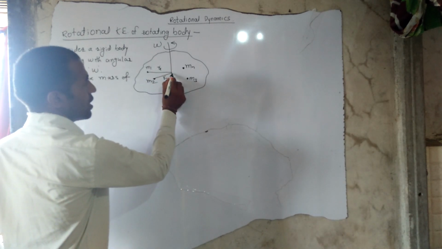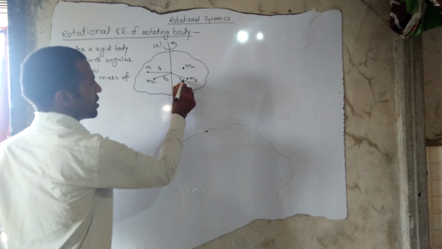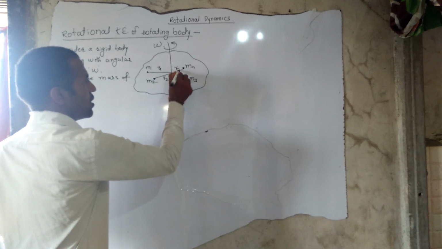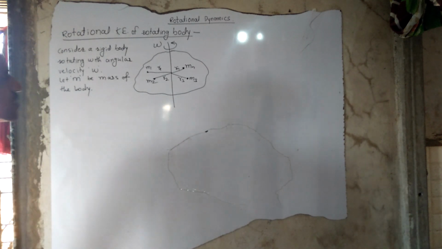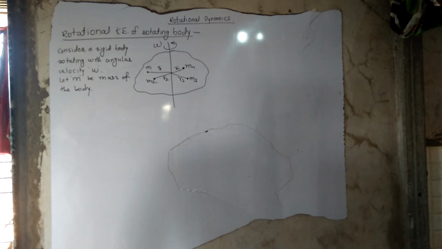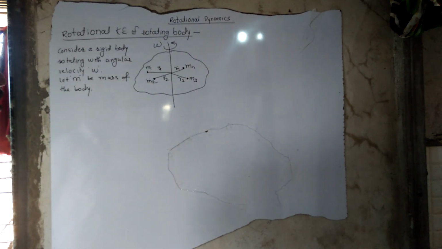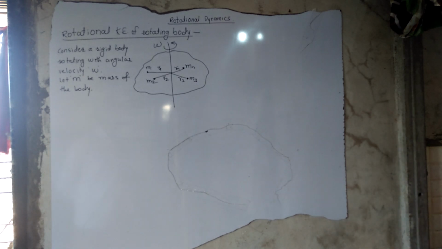Also the third particle is at distance r3, and finally the last particle, the nth particle, is at distance rn from the axis of rotation of the body. But it is noted that all the distances r1, r2, r3, rn are perpendicular distances from the axis of rotation to the position of the particle.